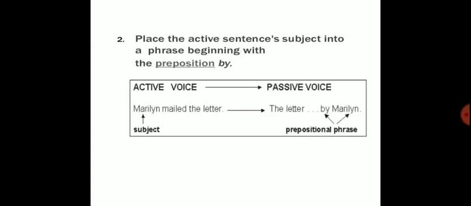So in passive voice the letter will come first, and then we have to use some modal auxiliary verb, then the past participle of the verb, and then the preposition "by" we are going to use before the object.